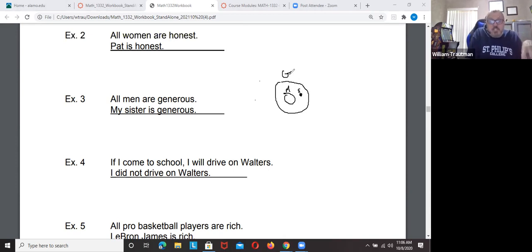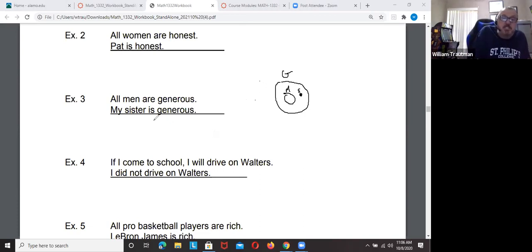But she could be generous. It says my sister is generous, so it goes in the generous circle. All the men go in the generous circle, but my sister is not a man, so she doesn't go in the men's circle, but she does go in the generous.